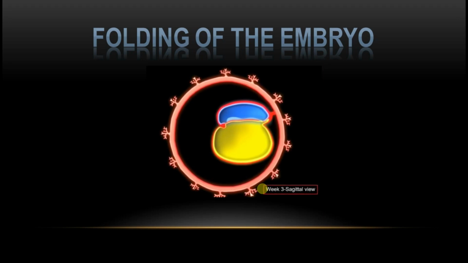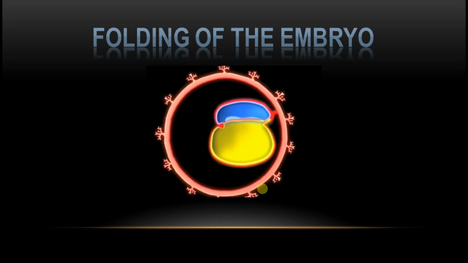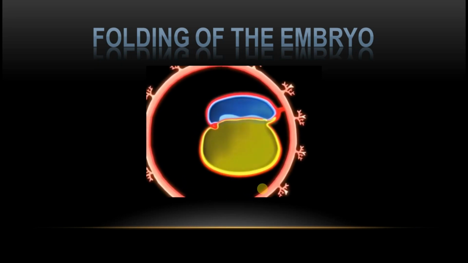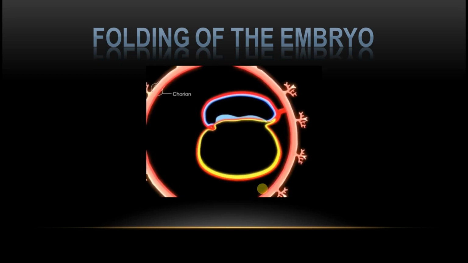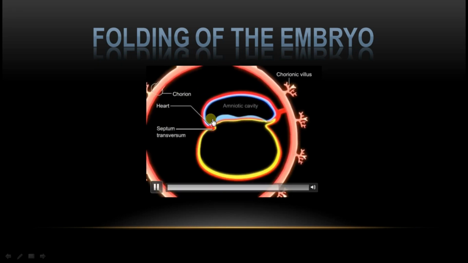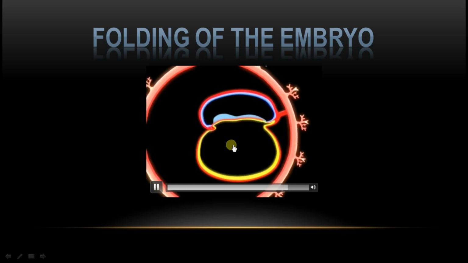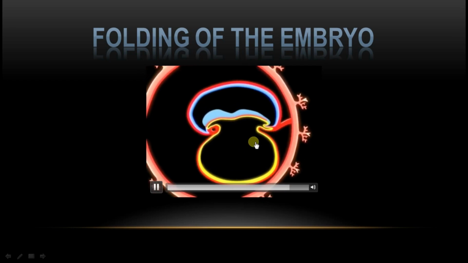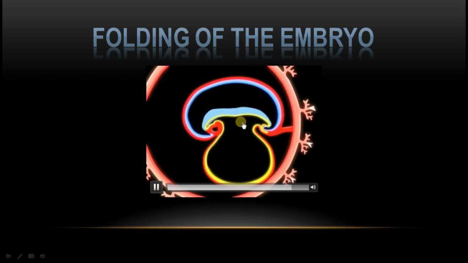Now in the sagittal plane, they are showing a diagram. That is where the primitive heart is formed. This is your neural tube. So this shows how the gut is incorporated, the foregut, midgut, hindgut.